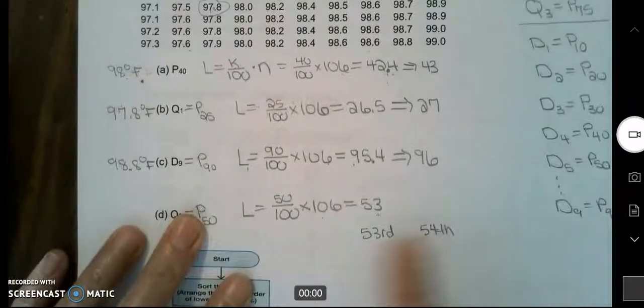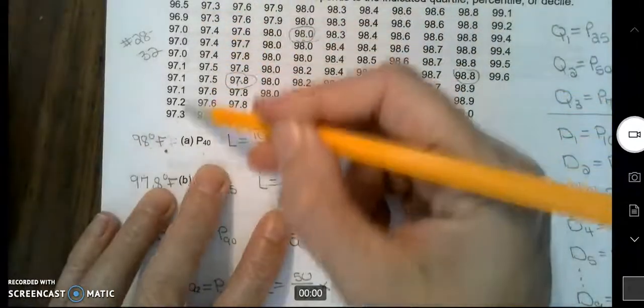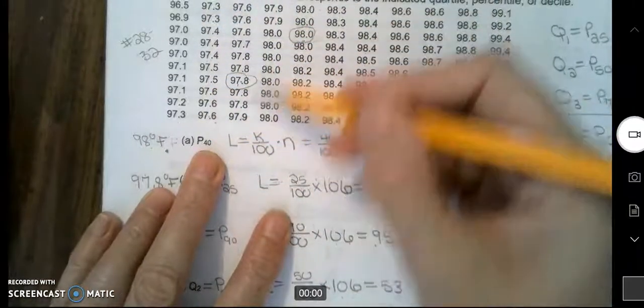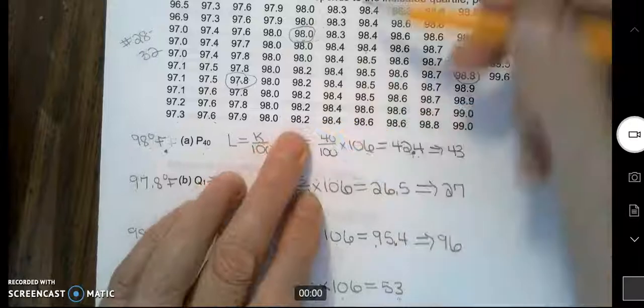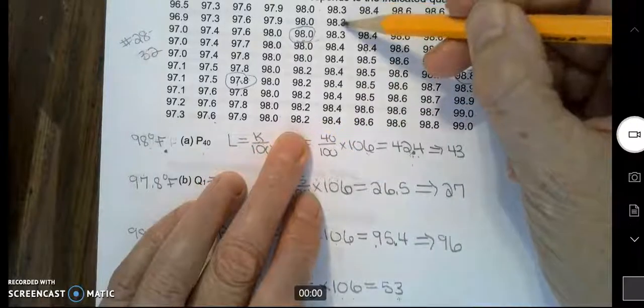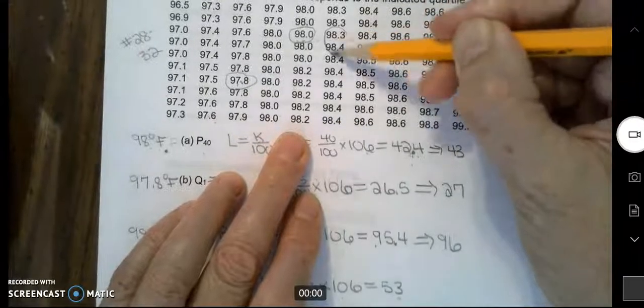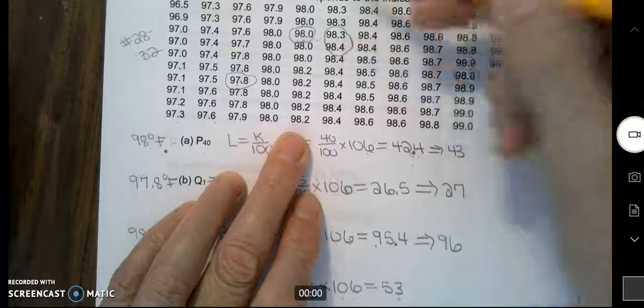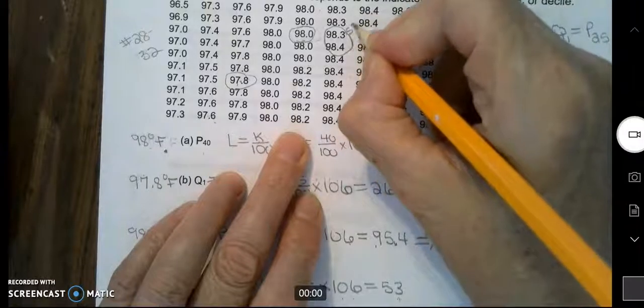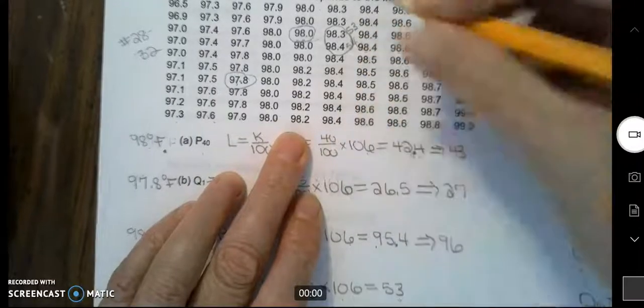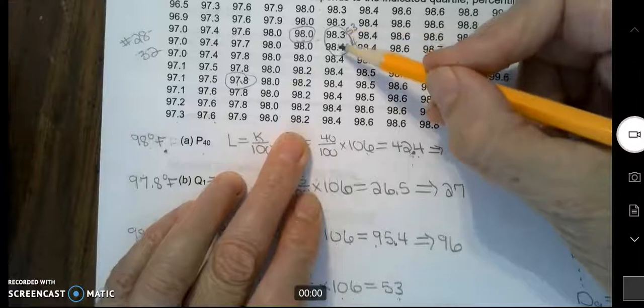Okay, so let's circle those two numbers, the 53rd and the 54th value. So 10, 20, 30, 40, 50, 51, 52, 53, and 54. Okay, so this is the 53rd value. I'm just going to mark here. This is the 53rd value. This is the 54th value. So I want to take halfway between these two.